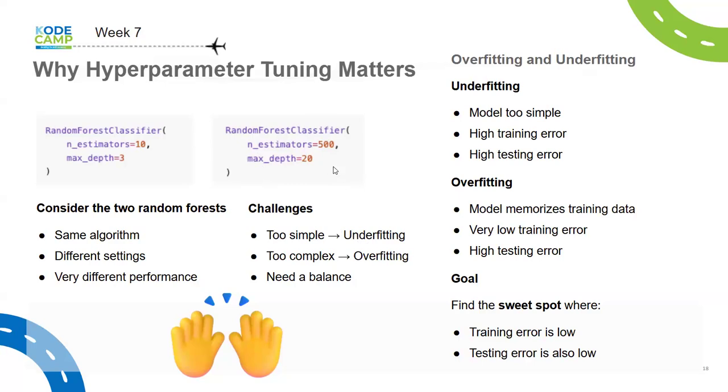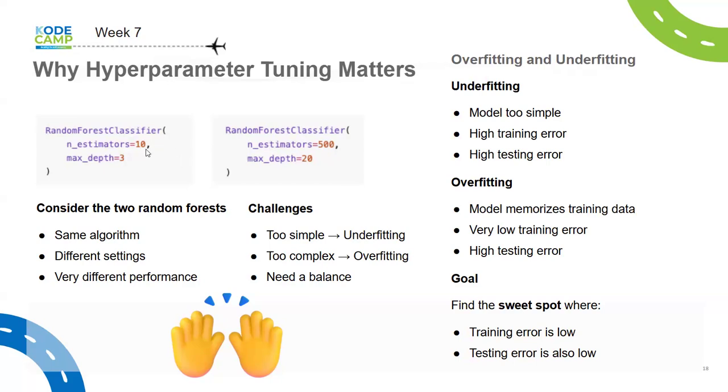So sometimes the idea is this one might be too much. It might be too complex. It might even be overfitting on the data, which is typically what happens with random forests. But this one might be too small. So the question is, how do I find the right set of values to choose? And you can see here there are two sets of values to choose from. In some models, you even have more than two sets of values.